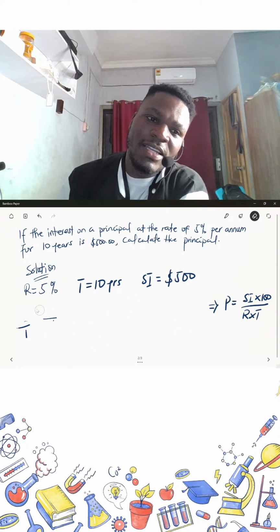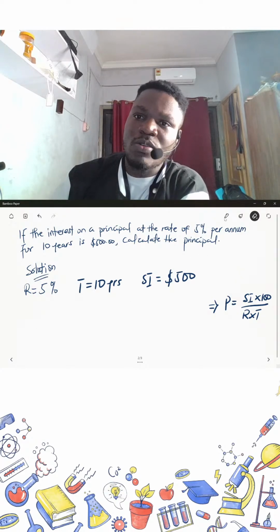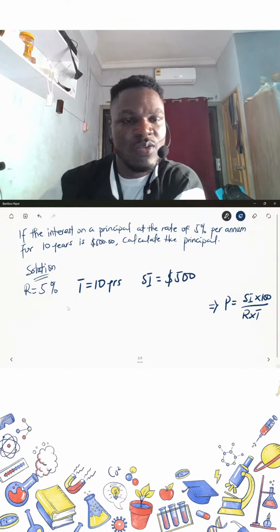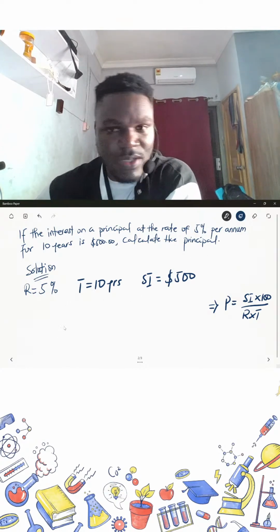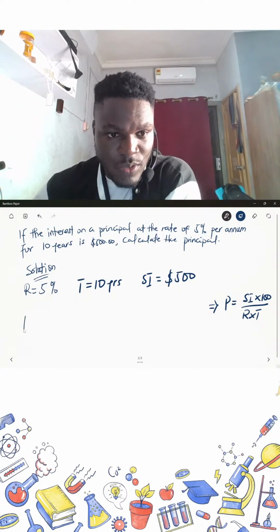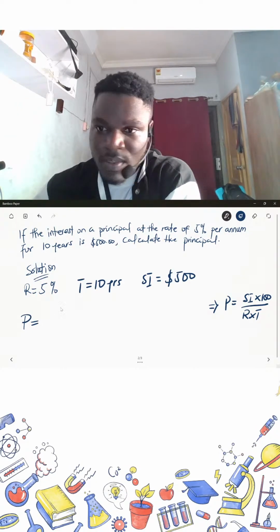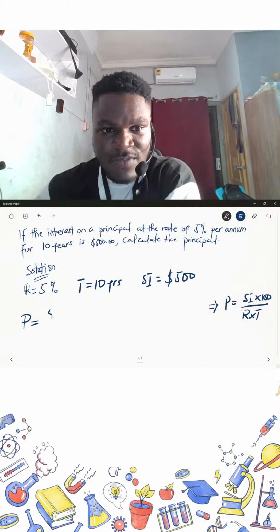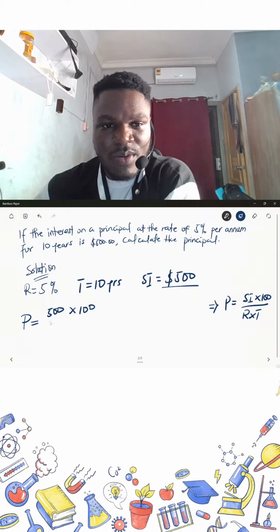Now that I have this formula, let's do the substitution and find the principal on top of which we are paying the $500 over 10 years. The principal is equal to the interest, 500, multiplied by 100, all divided by the rate, 5, multiplied by the time, which is 10.